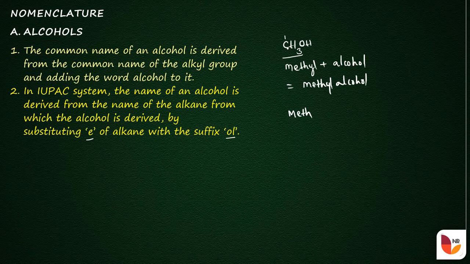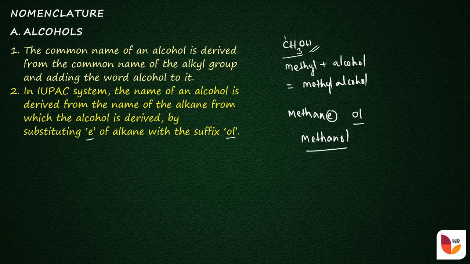The nature of the alkane, containing only single bonds, is represented as ANE, which is the corresponding name of the hydrocarbon. Here the E is replaced by OL, and OL indicates the presence of a hydroxyl group. So the name is meth, an, ol.